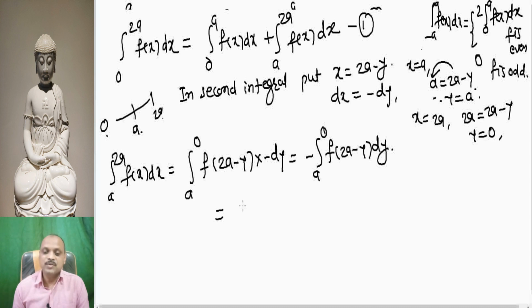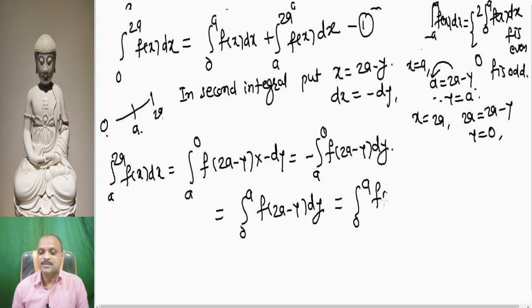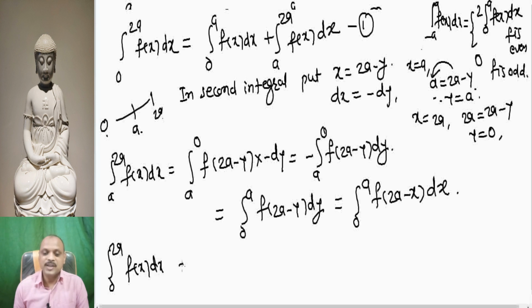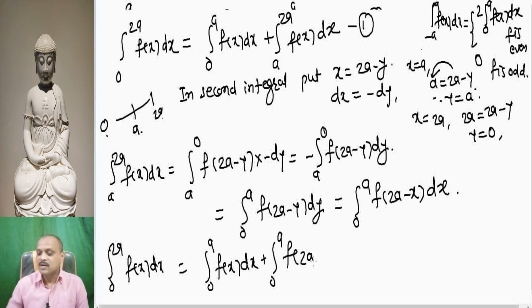So this is 0 to a f of 2a minus y dy. Again, by the first property, it does not depend on the variable, so we write it as 0 to a f of 2a minus x dx. Then integration 0 to 2a f of x dx equals integration 0 to a f of x dx plus integration 0 to a f of 2a minus x dx. This is another important equation in this property.